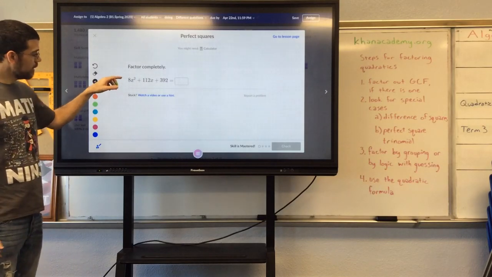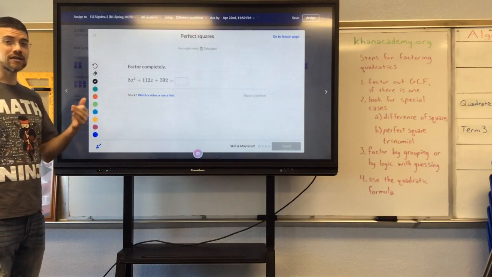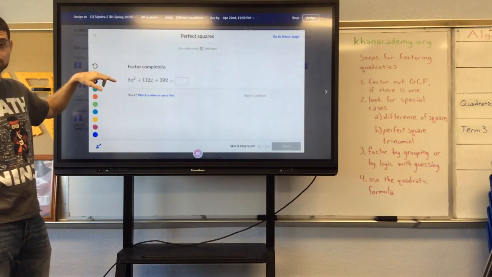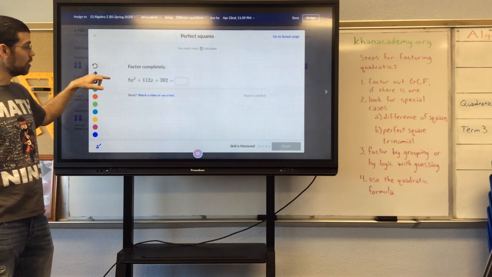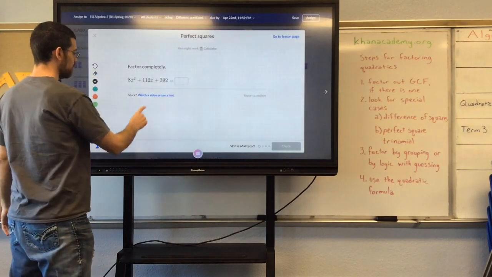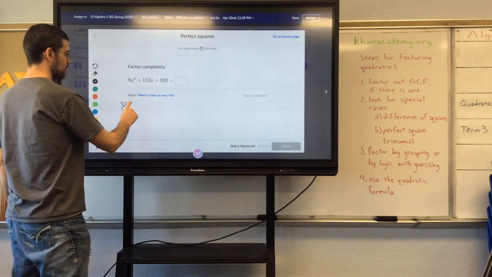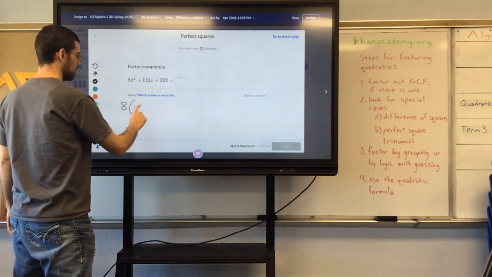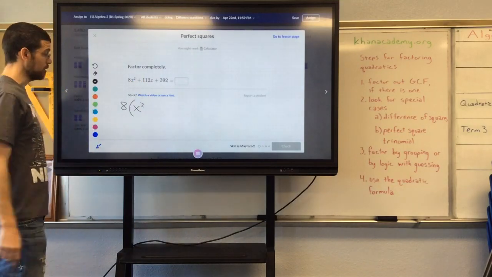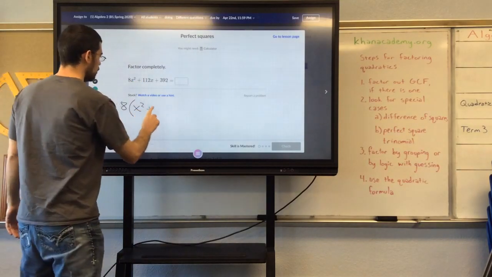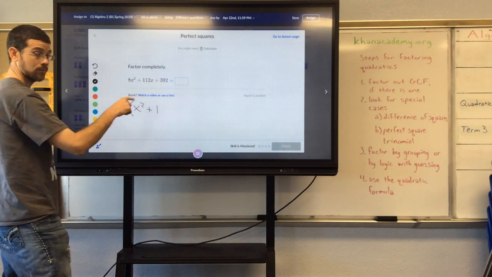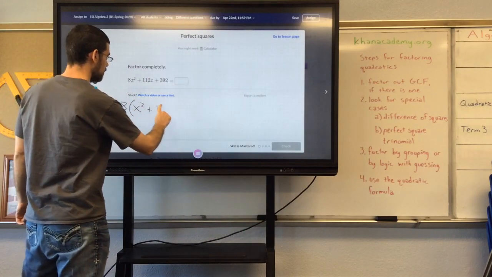If I divide 8 by 4, I'll get 2, and that's not a square number, so I'm guessing then, since this is supposed to be a perfect square trinomial, that all of these are divisible by 8. So let's find out. 8 divided by 8 is 1. So 8 times x squared is 8x squared. 8 goes into 112 one time into the 11, leaves us with 32.